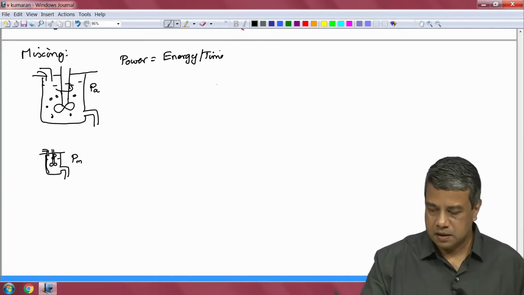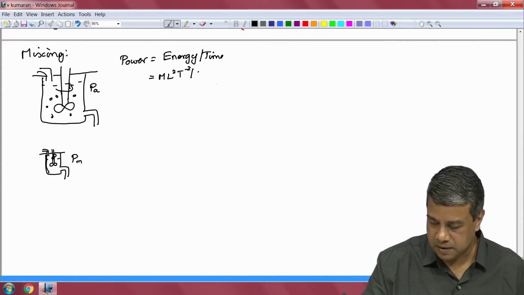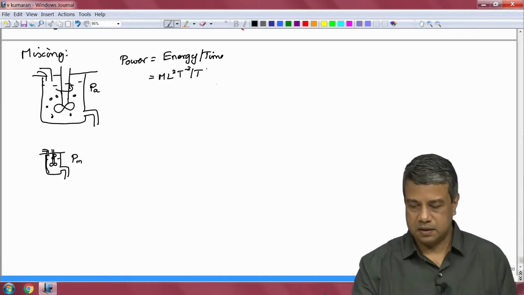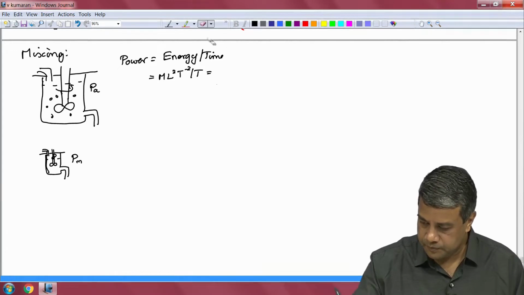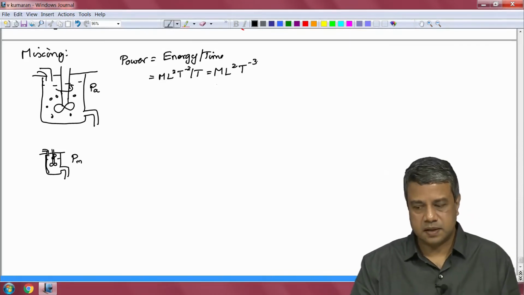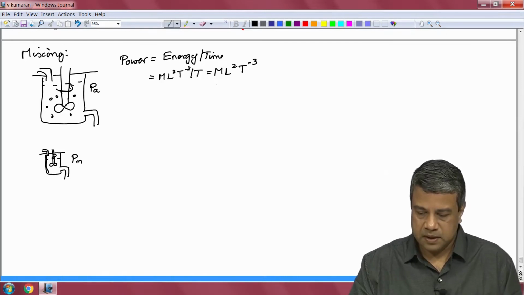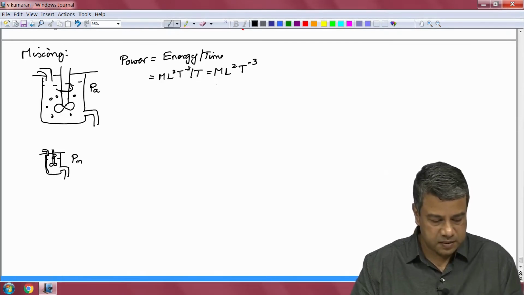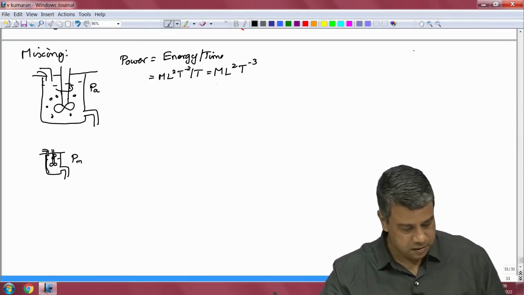And you recall that energy is equal to mass times length squared times T to the power minus 2, divided by time, which is equal to M L squared T to the power minus 3. So, that is the dimension of power. And the power can in general depend upon various dimensional quantities. So, let me write that here.